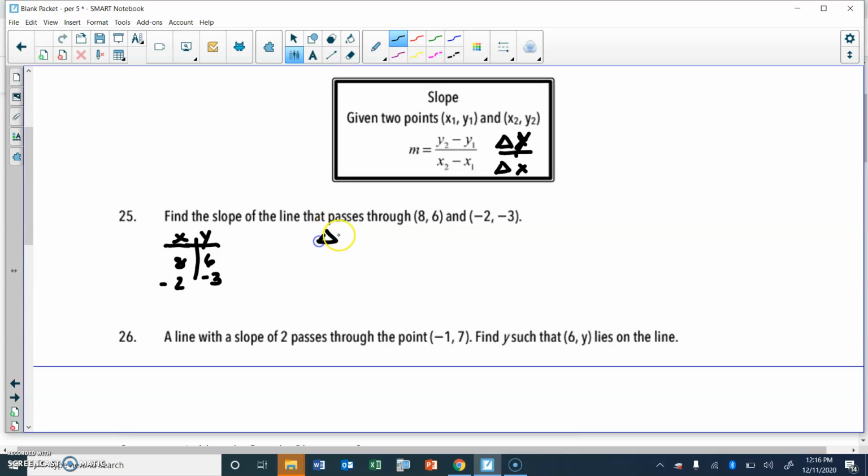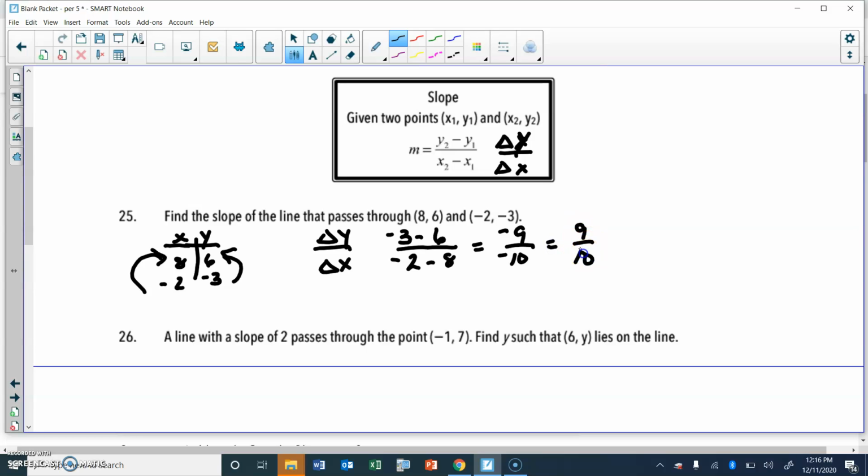I'm doing change in y over change in x, which just means -3 minus 6 over -2 minus 8. -3 minus 6 is -9. -2 minus 8 is -10. So you have positive 9 over 10 as your slope.